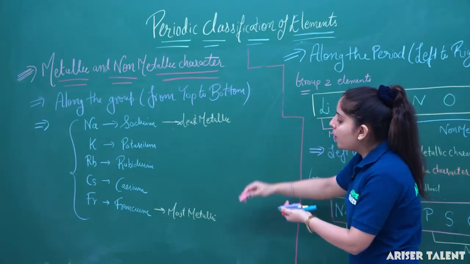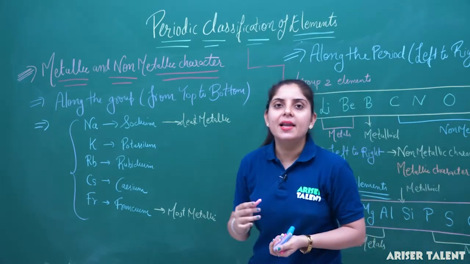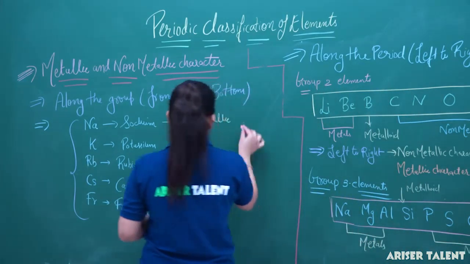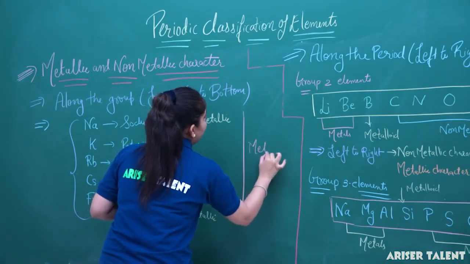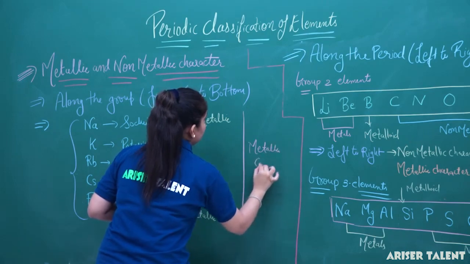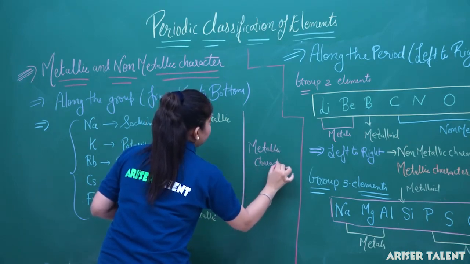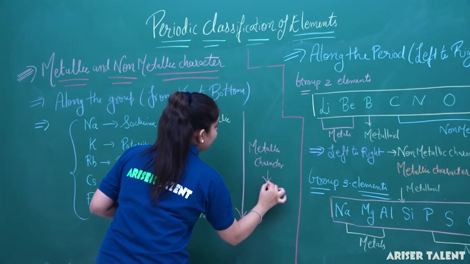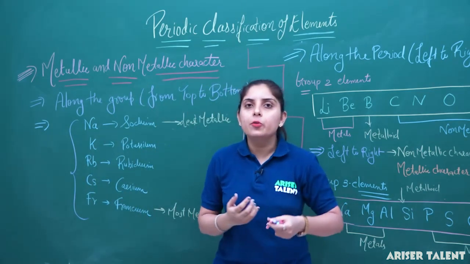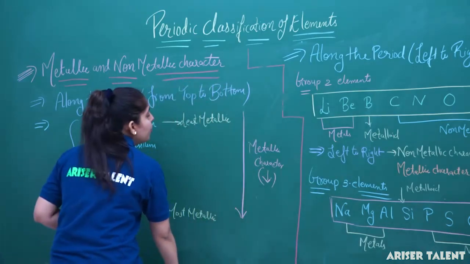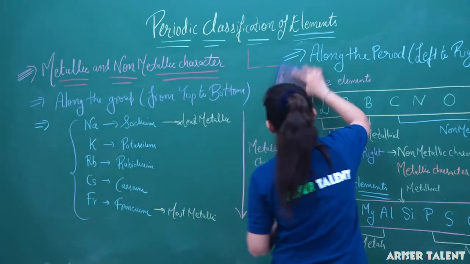If I am going from top to bottom, the metallic character is going to increase. So if metallic character increases, what about the non-metallic character? It is going to decrease. So let us have a look at the non-metallic character.